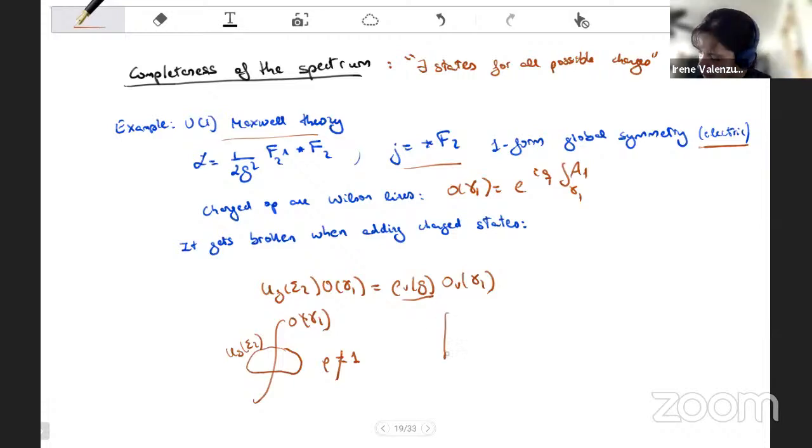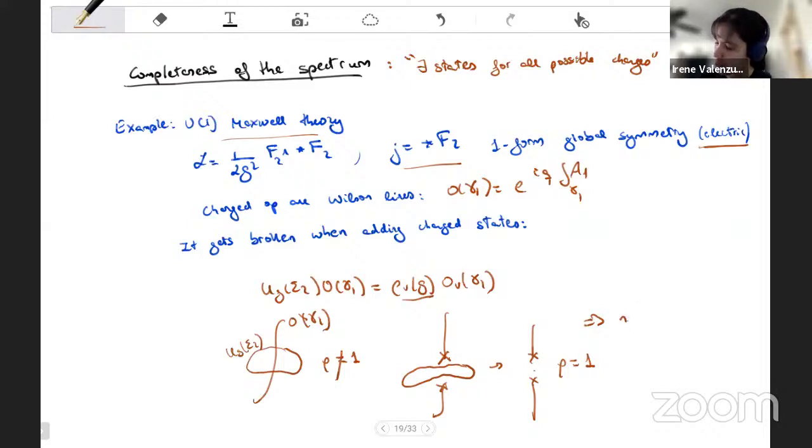But if the Wilson line can break, imagine that I can break the Wilson line because I have some particles in my theory, some local operators, then I can shrink this topological operator in such a way that it becomes trivial, and then I get just the Wilson line, which would be equivalent to saying that this phase is 1. But that's inconsistent with the fact that the Wilson line is charged, which means that in the moment in which the Wilson line can break, the operator is no longer topological. You are not allowed to deform it this way.